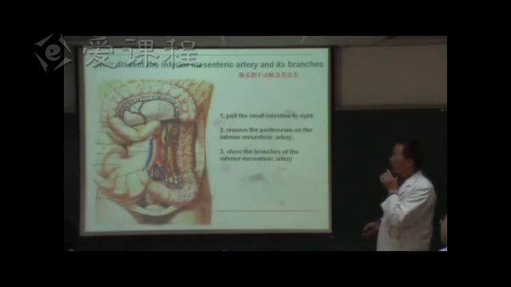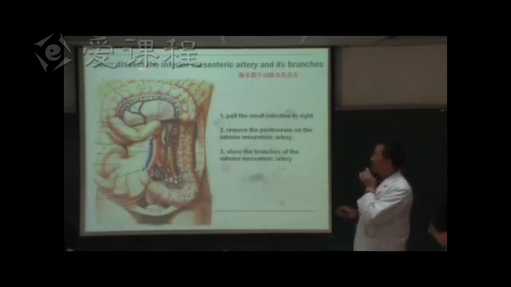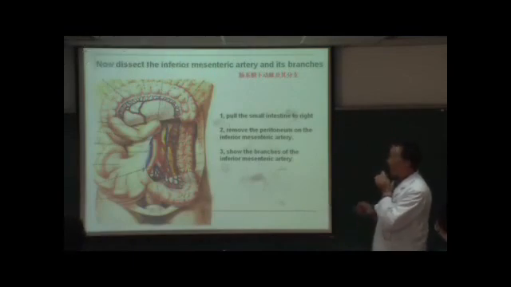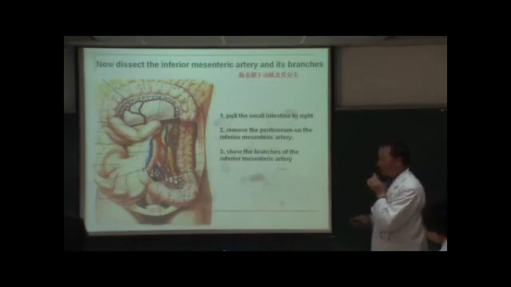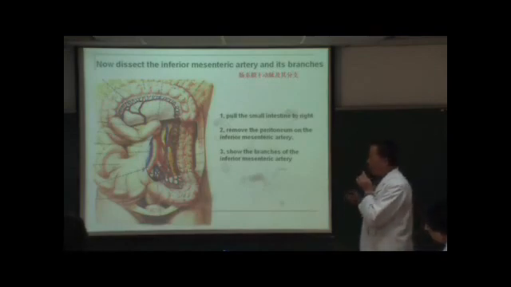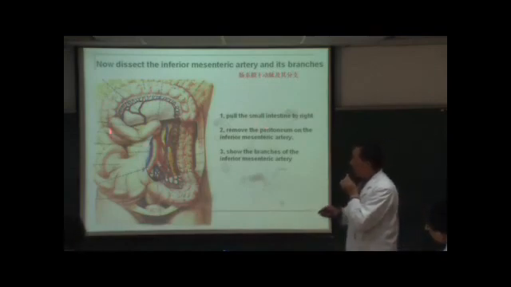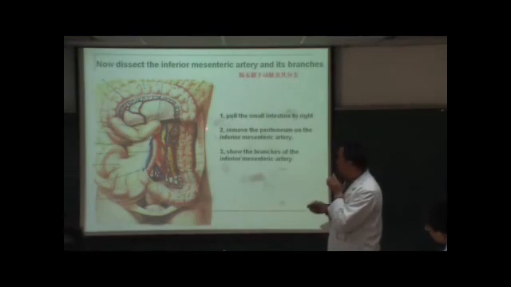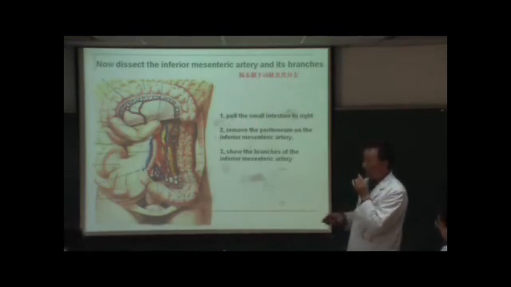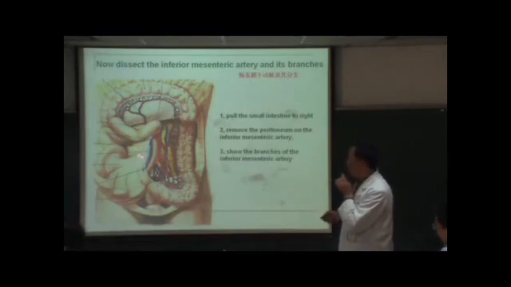And now we dissect the inferior mesenteric artery and its branches. Before you dissect it, you should pull all of the small intestine to the right.